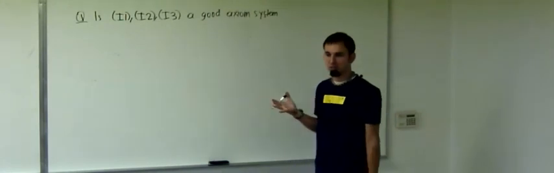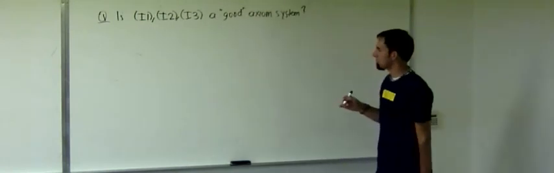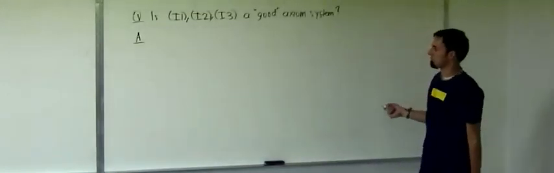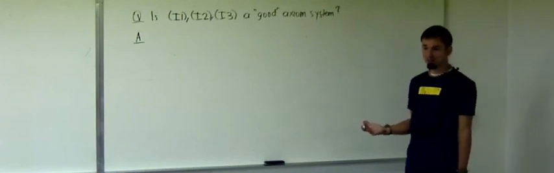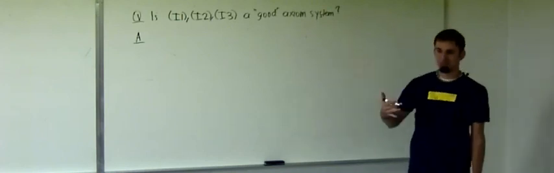What does that mean? Well, precisely that's why I said that it's a slightly philosophical question, because there's no yes or no answer to this. Okay. Well, what are some arguments in favor or against? Why do you think this is a good axiom system, or why do you think that maybe it's not?